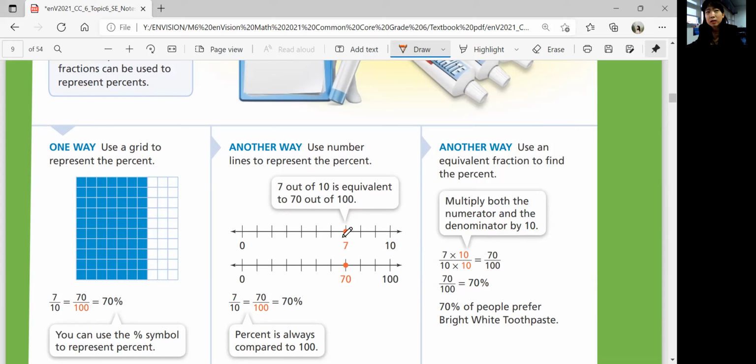You just mark the 7 and 70. And the last way you can represent is by using equivalent fractions. 7/10, if you multiply that by 10 for both terms, you will get 70 out of 100, which is equivalent to 70%.